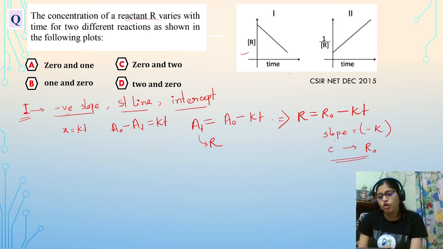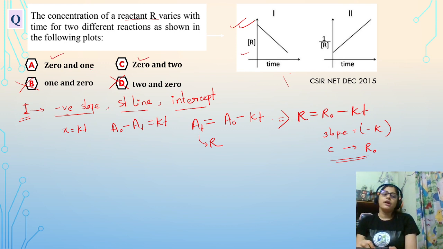Okay, if you follow that, it has a negative slope and an intercept and a straight line equation. So it is a zero order reaction. So I am cutting out two options, because the first one will be zero order. For the second one, 1 by R is given.